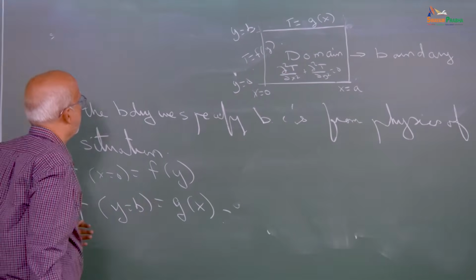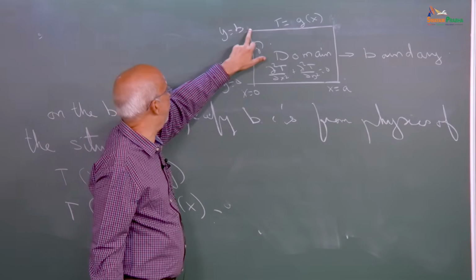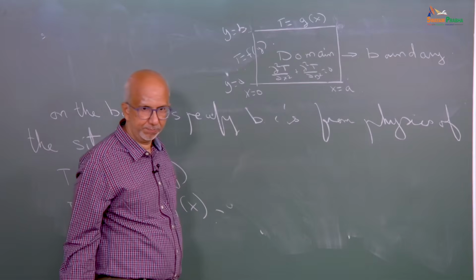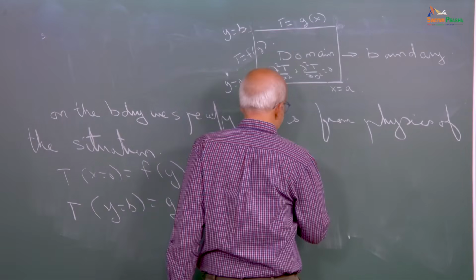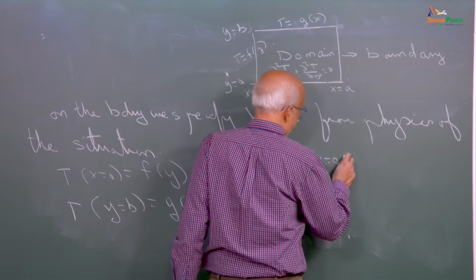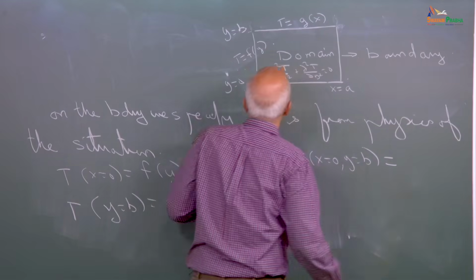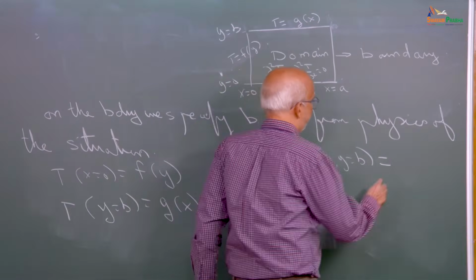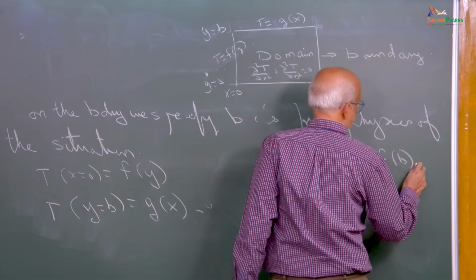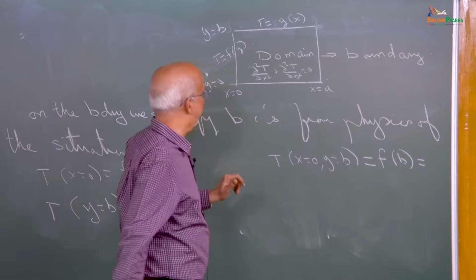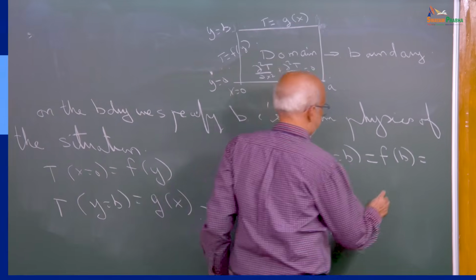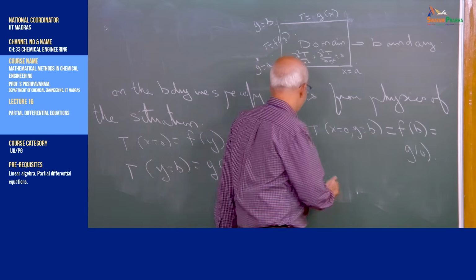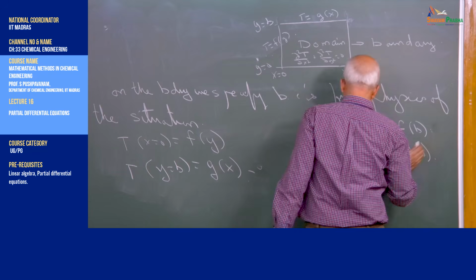So, what you understand is that this point here, x equal to 0, y equal to b, is common to both the walls. What is the temperature at x equal to 0, y equals b? If I go along this wall, it is going to be given by f of b. If I come along this wall, it is going to be given by g of 0.